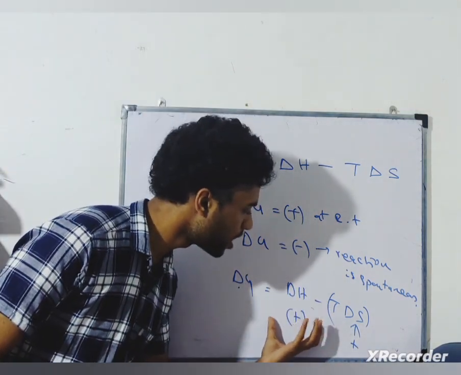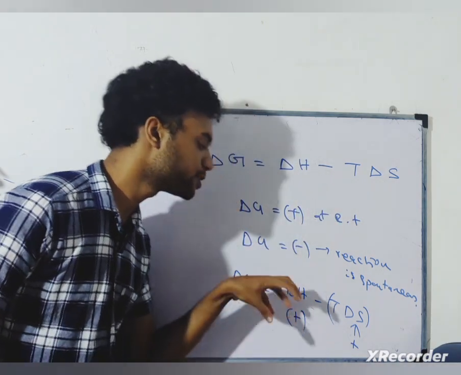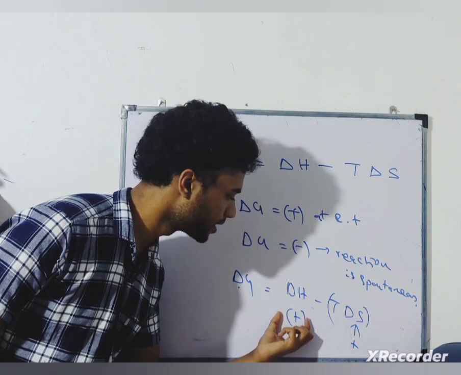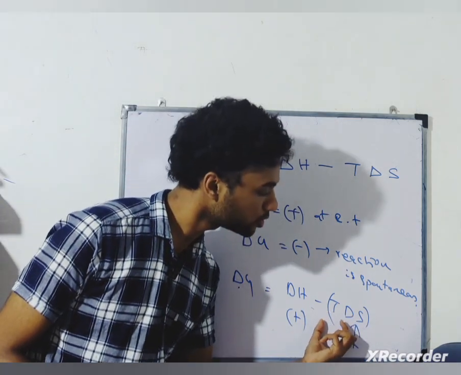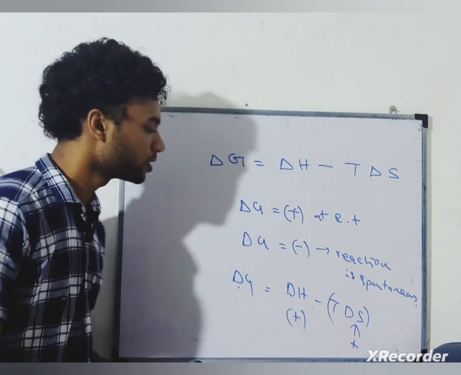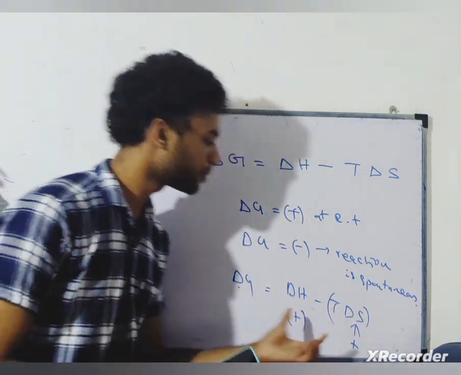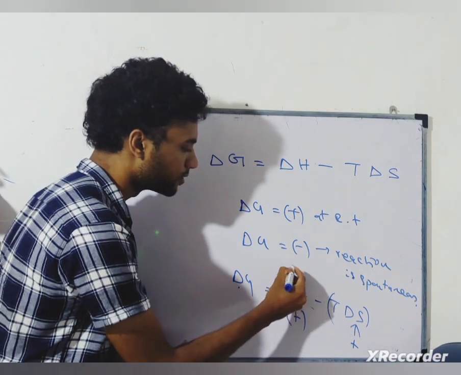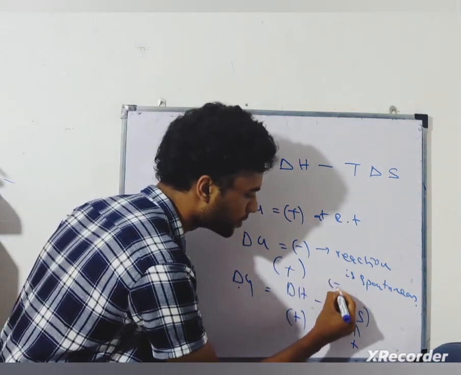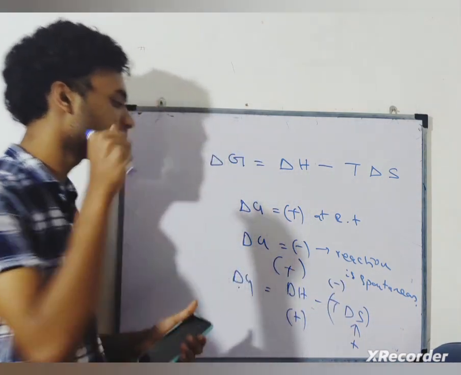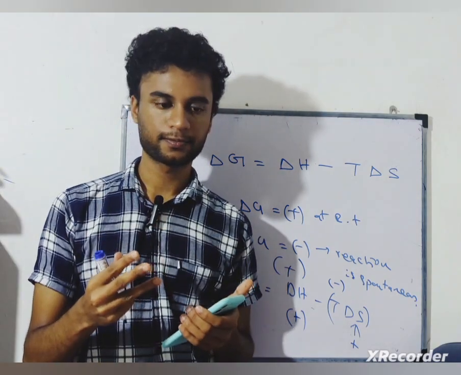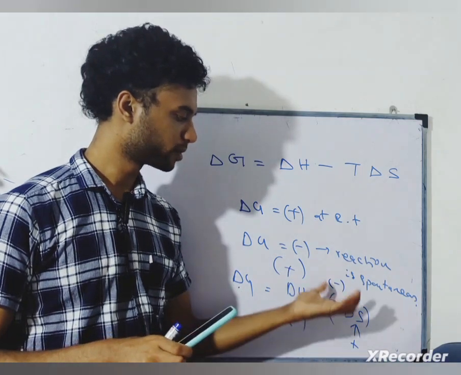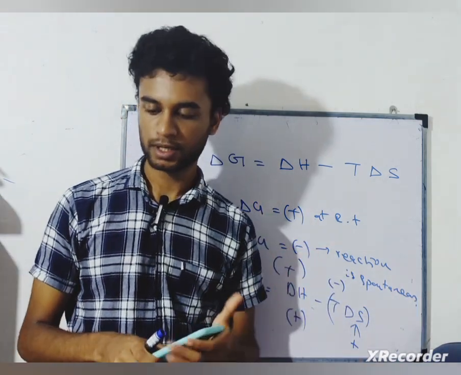When the positive value of delta H is greater than the product of T delta S, minus T delta S means you get a minus value here. When the positive value here is greater than the minus value here, overall delta G is positive, which means the reaction is non-spontaneous at room temperature, because room temperature means a lower temperature.